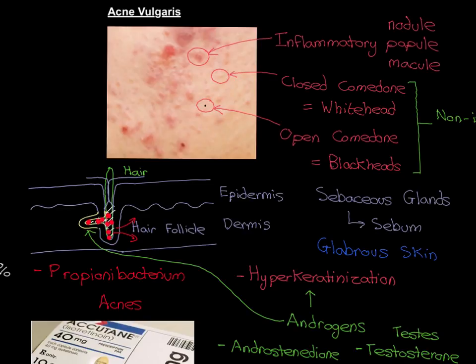Obviously, this does not target the fundamental pathogenesis of acne. It does not target the hyperkeratinization, but it will help to improve the appearance of the acne, and it will help to prevent scarring, because that's something that we haven't actually talked about. Having these inflammatory lesions on your skin can lead to scarring there, and obviously if you reduce the amount of inflammation you're going to have when these hair follicles burst open, then you will reduce the risk of scarring.